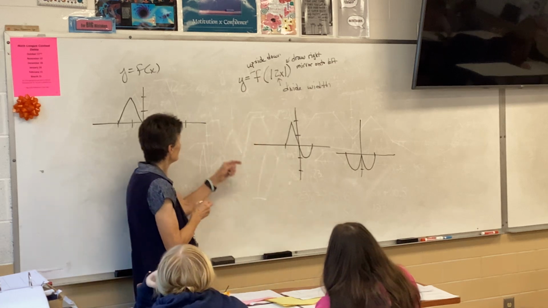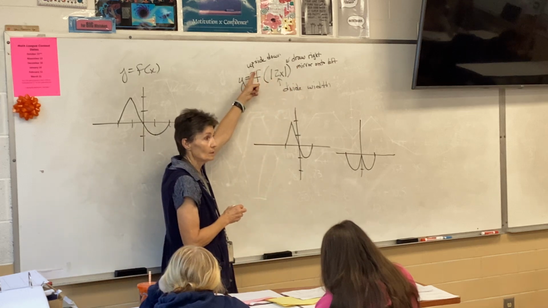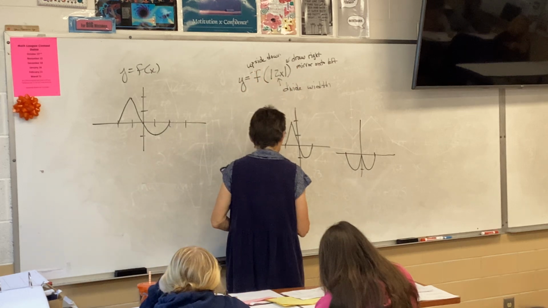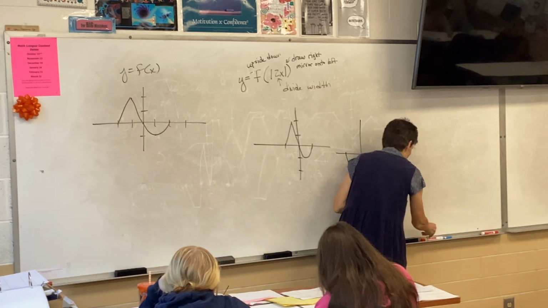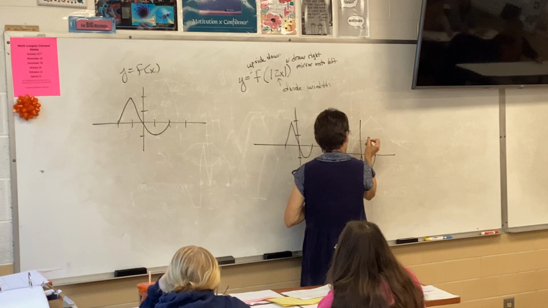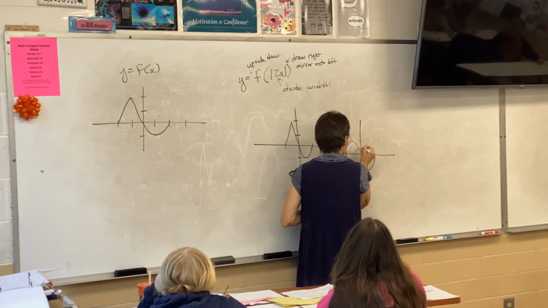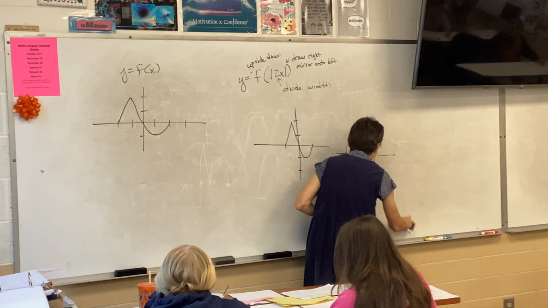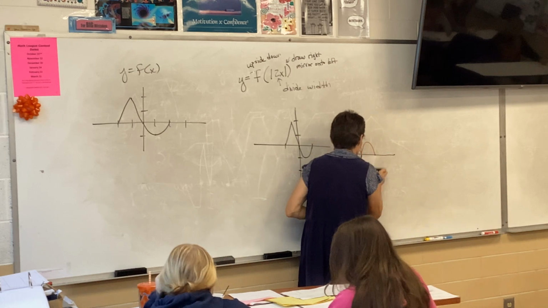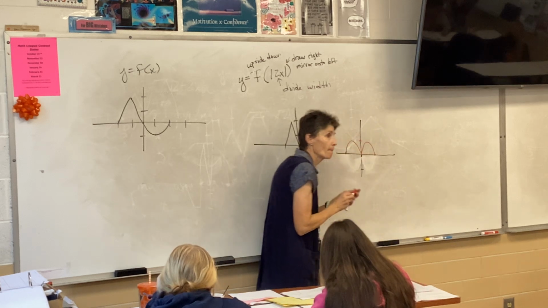And then, now I've done that and that, so now I have to turn it upside down. So take my little arcs and turn them upside down. So that would be the answer to the question.